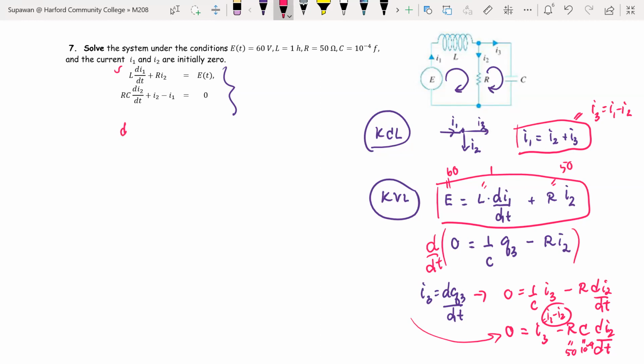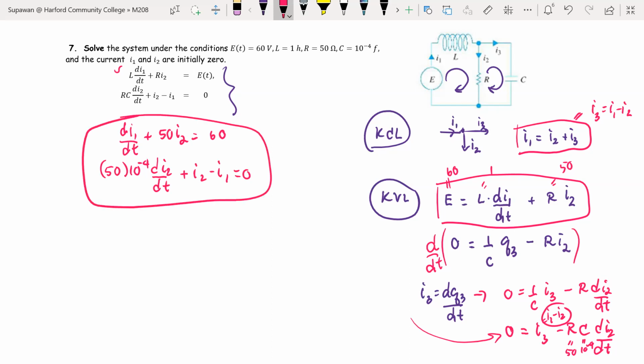So we have dI1/dt plus R, which is 50, so 50 I2 equals E, which is 60 volts. And R times C, where R is 50 multiplied by 10 to the negative fourth, times the rate of change of I2 with respect to time, plus I2 minus I1 equals 0.